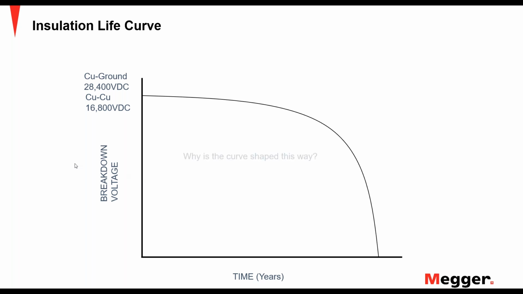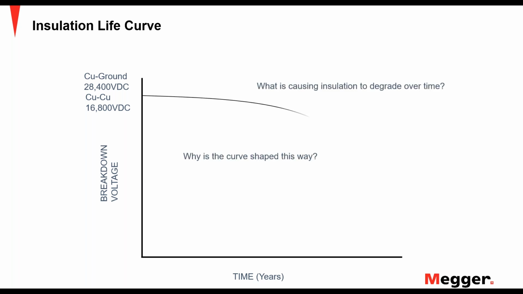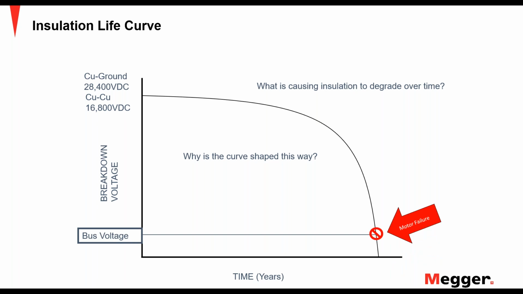So we've seen this graph and wondered why it's shaped that way and what's causing that insulation to degrade over time. The dielectric strength of that insulation drops over time, and if it drops below the operating voltage or bus voltage, that's when we have catastrophic failure.